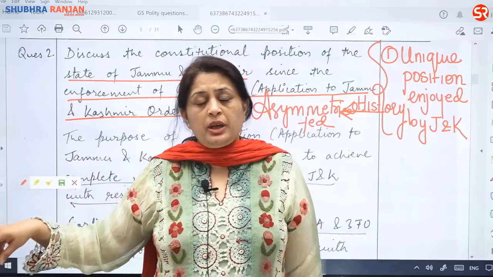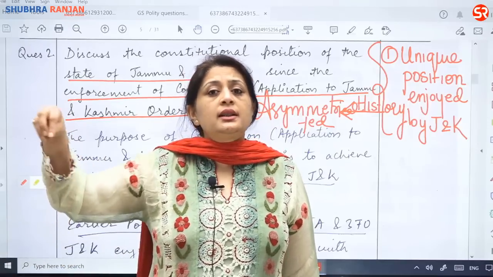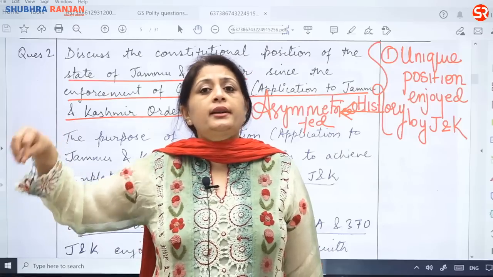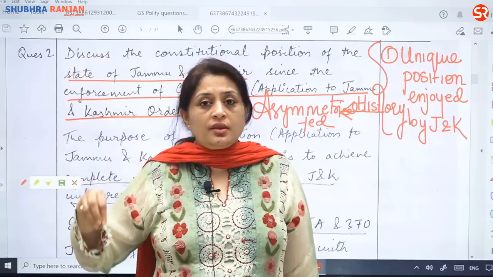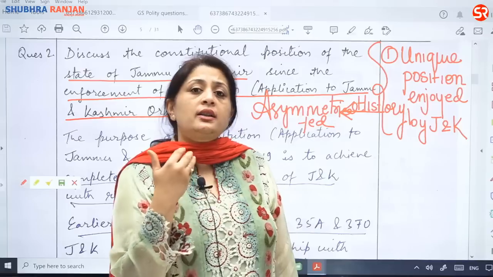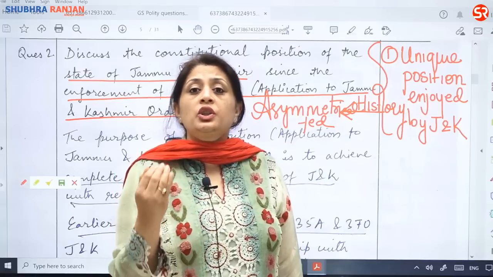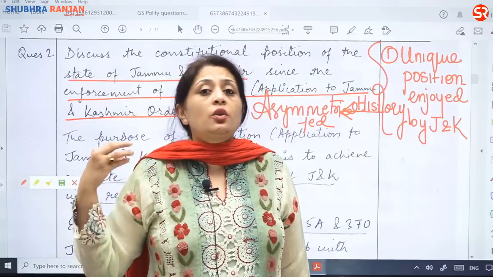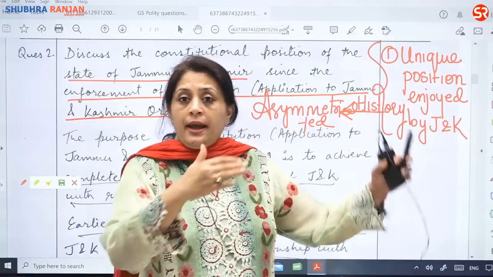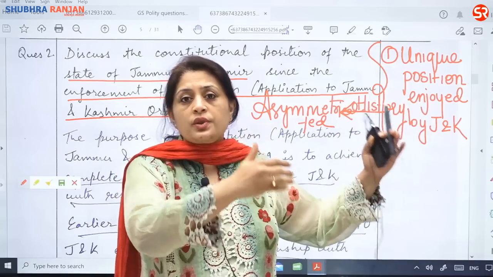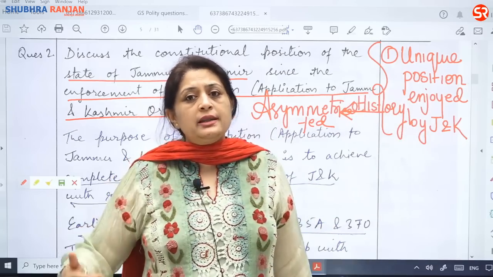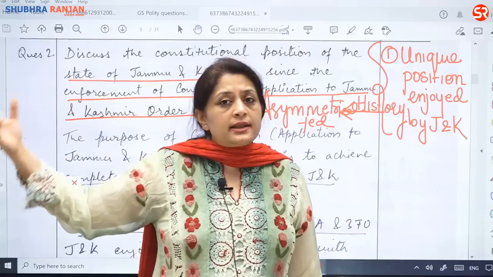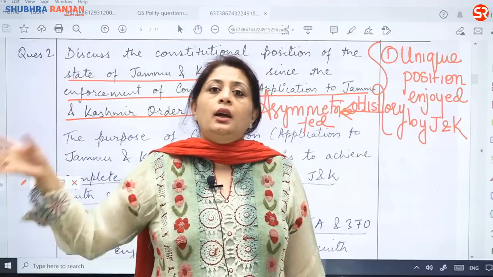Either they have to be done with the consultation or the concurrence of the state government. So Article 370, which was supposed to be the transitional or a temporary provision, has become almost a permanent provision even after the 70 years.